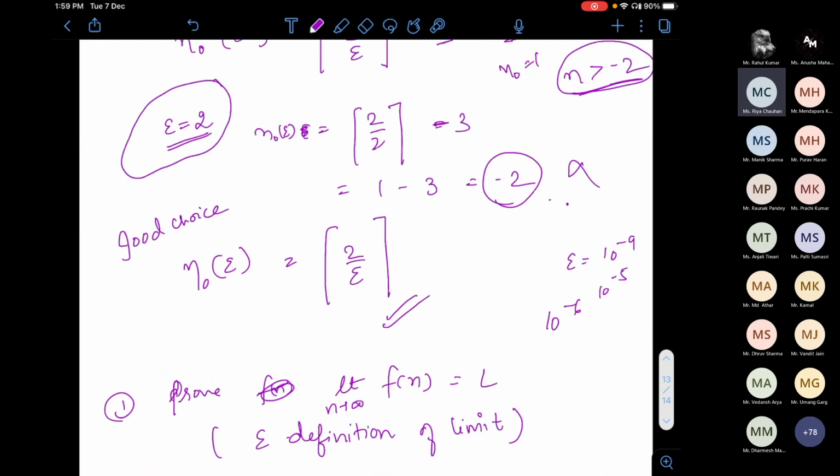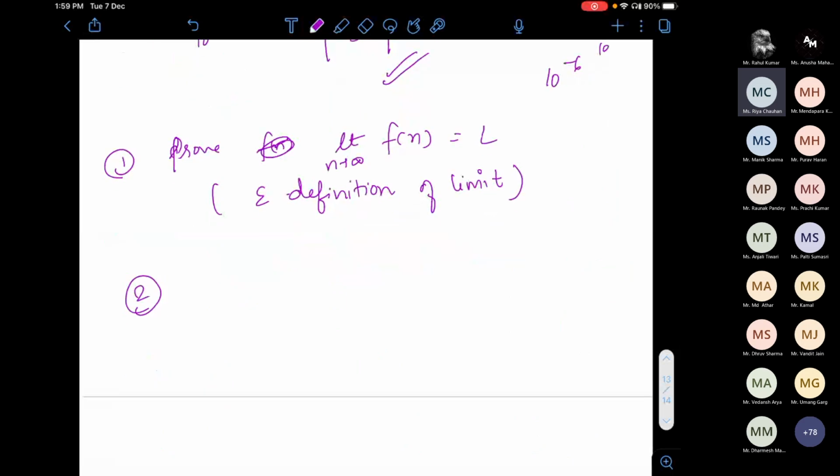Okay, so let me state first what are the ways one can ask the question. Find the limit of this sequence, and if it exists, prove it.